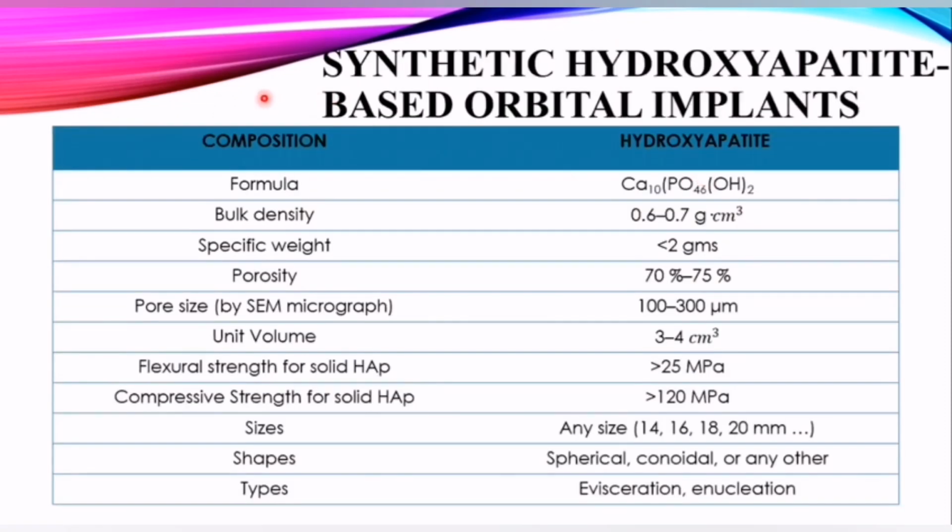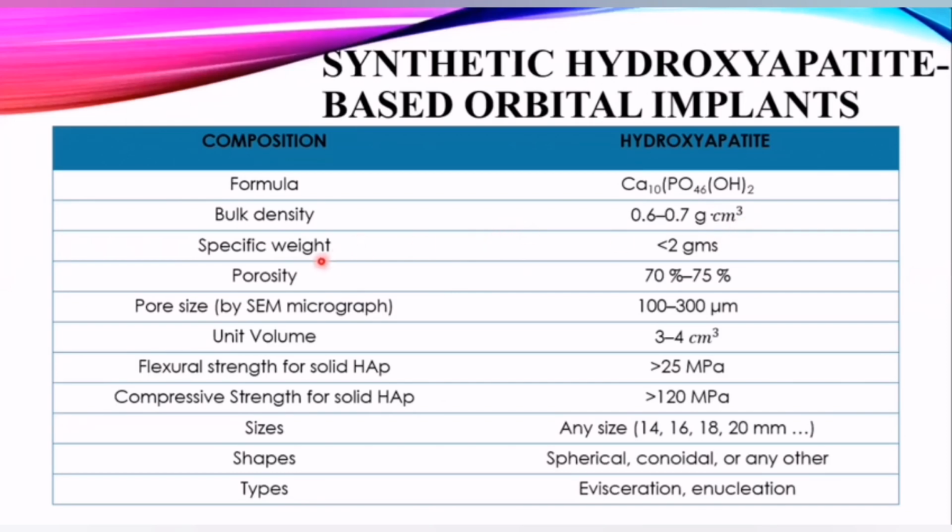The synthetic hydroxyapatite based orbital implants. For the formula, hydroxyapatite is Ca10(PO4)6(OH)2. The bulk density is between 0.6 to 0.7 gram per cubic centimeter.